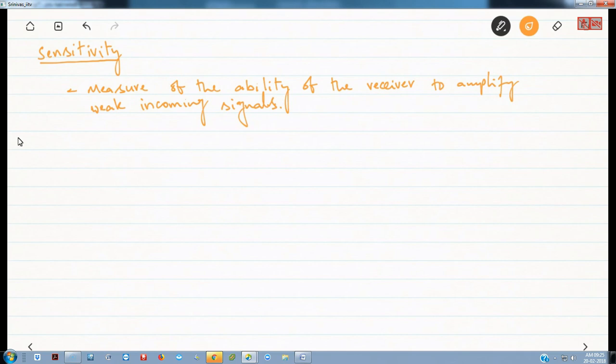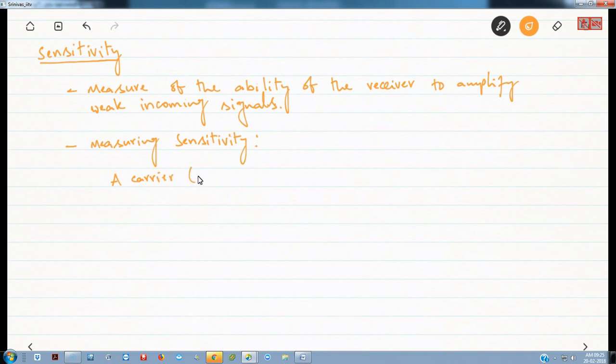This is one of the standard ways of measuring sensitivity.